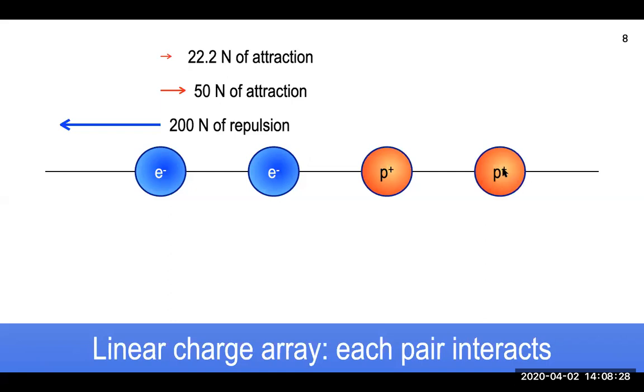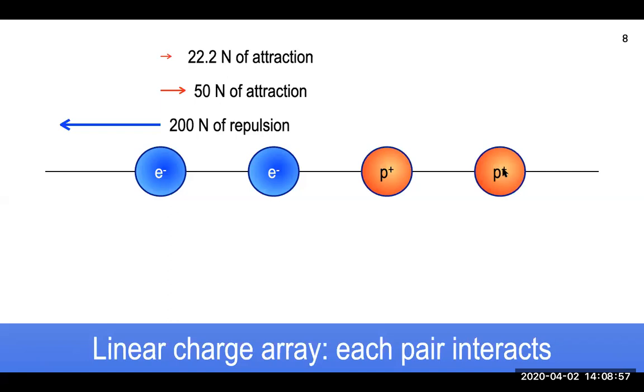Then you make the same decisions about the second neighbor, in this case the red arrow for 50 newtons of attraction. You may not have electrons on the left; you may have a proton on the left. So study what you've got and make your decisions. Is it an attraction or a repulsion? Is it leftward or rightward? And what is its size compared to the nearest neighbor?